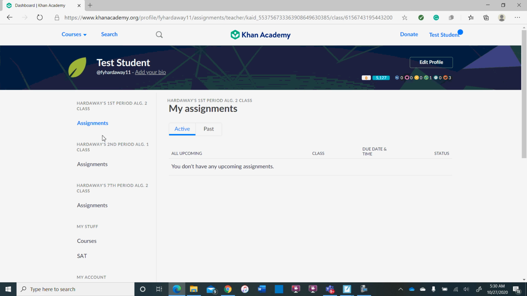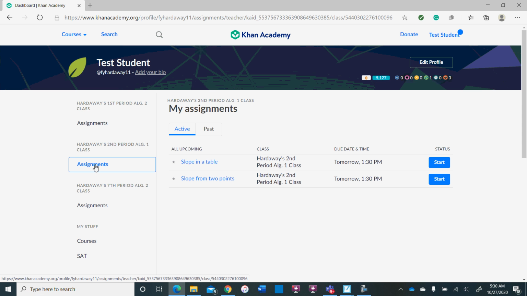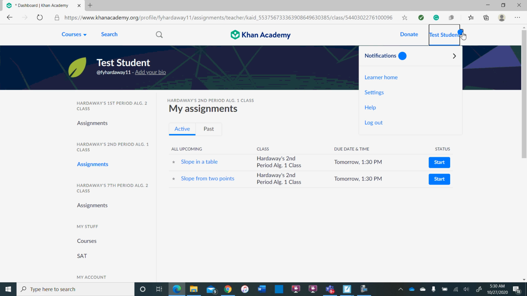To recap, your assignments are over here on the left side. I'm in the test student account, so let's look at Algebra 1. You need to click on your assignments. Sometimes if you don't see something, you might see a blue dot next to your name that gives you a notification that something has happened in your class.